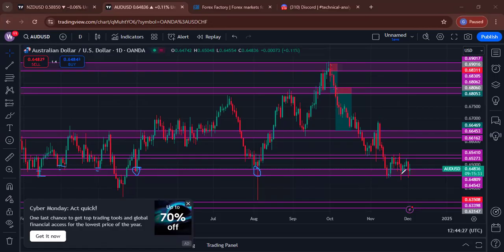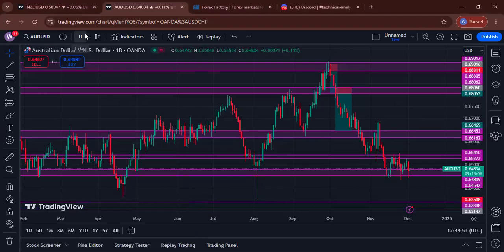So now when price is here, you've seen there's a lot of consolidation, but we will be expecting a potential bullish reversal from this level here. Okay, so we have that. That is AUD USD.